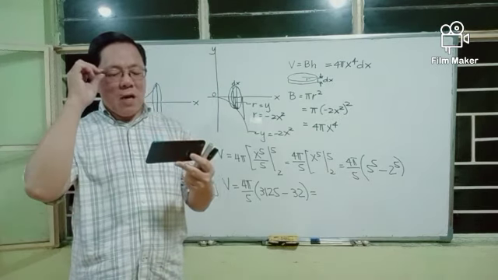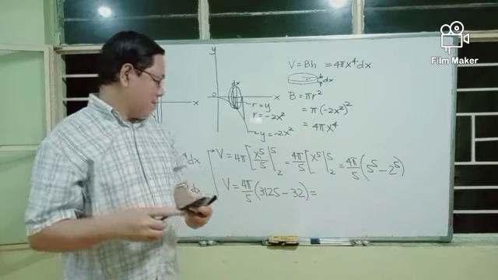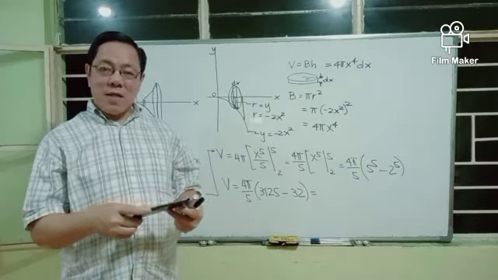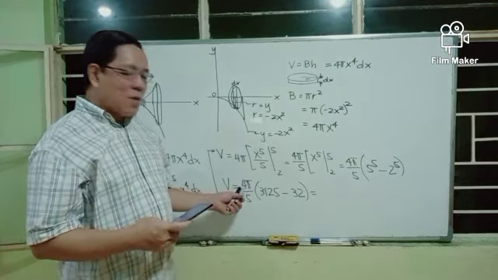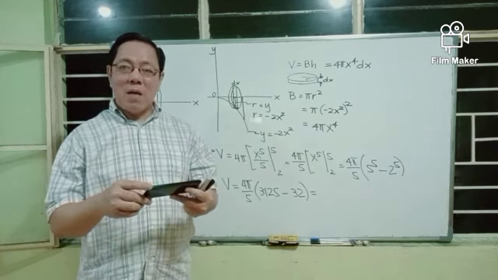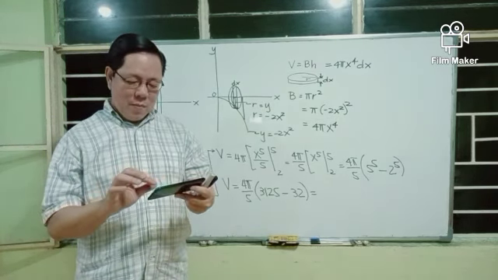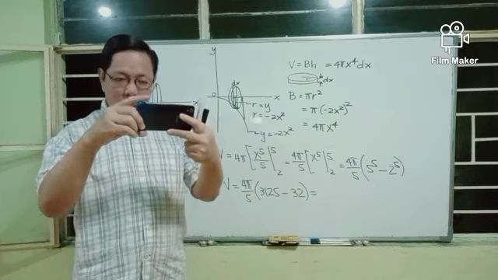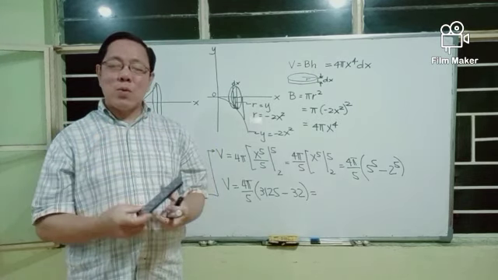We get 3,093, and this is not divisible by 5, so we multiply that by 4. 3,093 multiplied by 4, you get 12,372 pi.